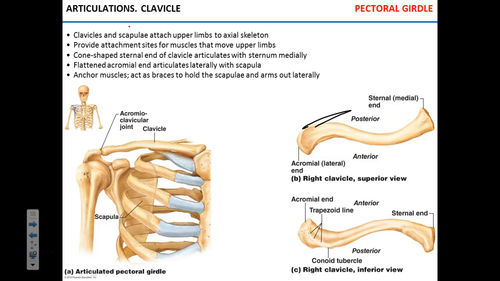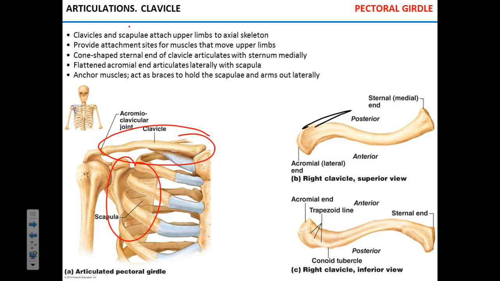Appendicular skeleton. We're going to start with the pectoral girdle. It consists of two components: the scapula and the clavicle, okay? So many muscles of the upper body, like muscles of the upper limbs and thoracic muscles, attach to the clavicle and to the scapula.